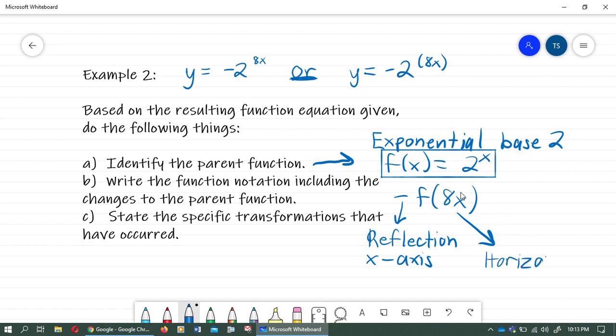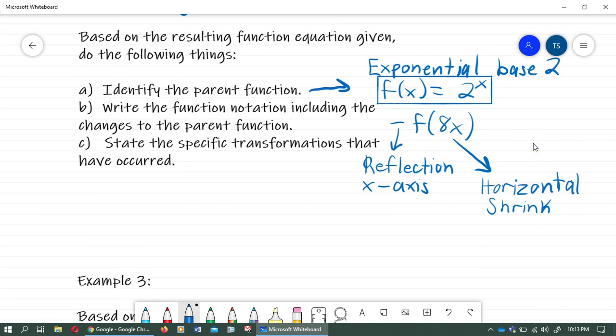It's a horizontal shrink by a factor of 1/8, because again, for the scale factor, we have to take the reciprocal of that number. So it's a horizontal shrink. Scale factor is 1/8.